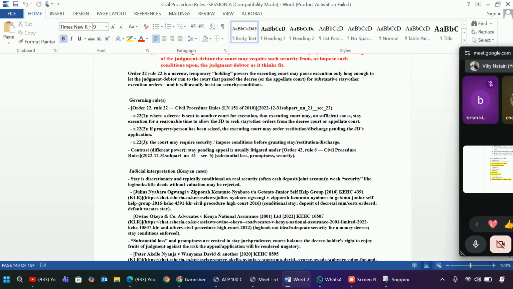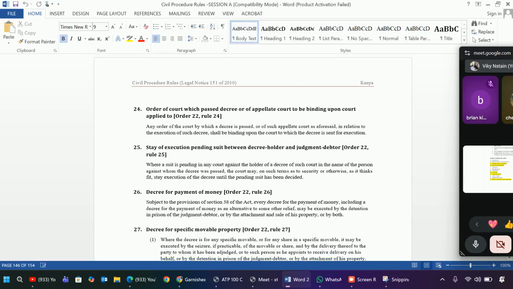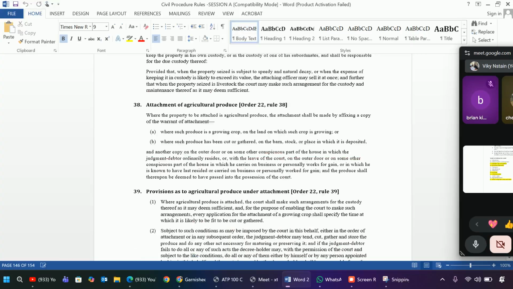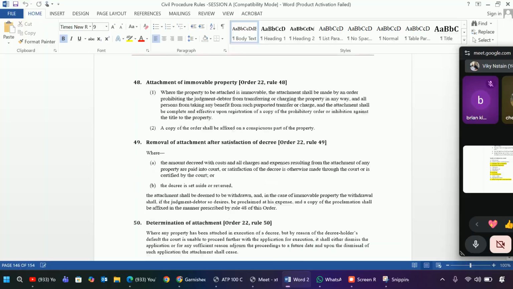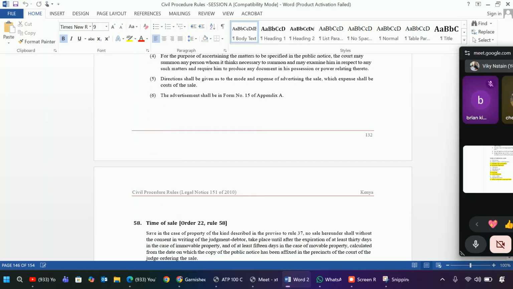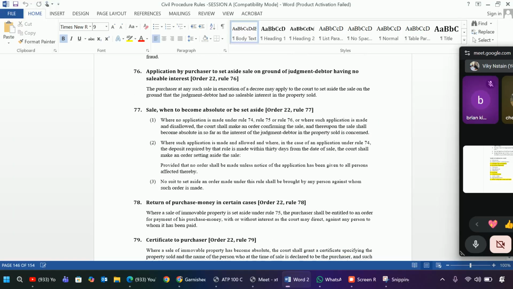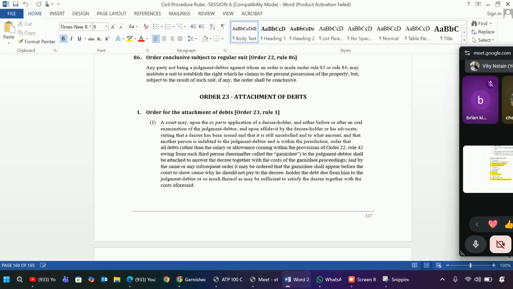When court may stay execution, order 22. I'm looking for garnishee. Order 23. Attachment of debts, that is the topic for order 23.